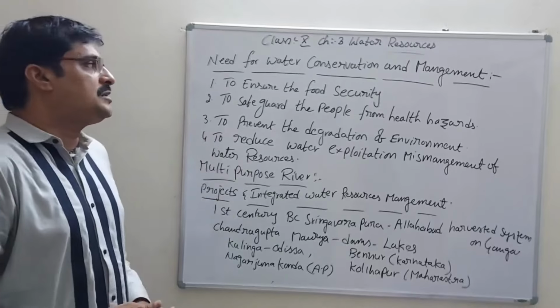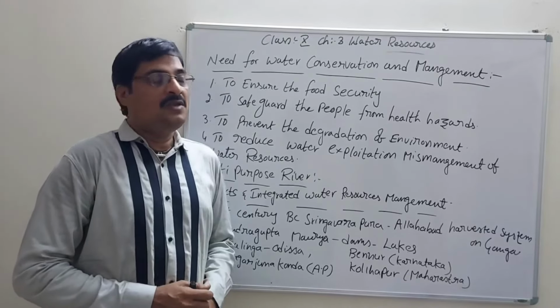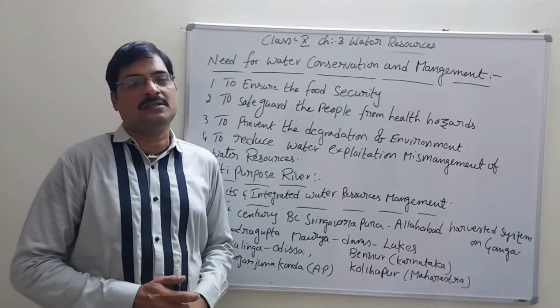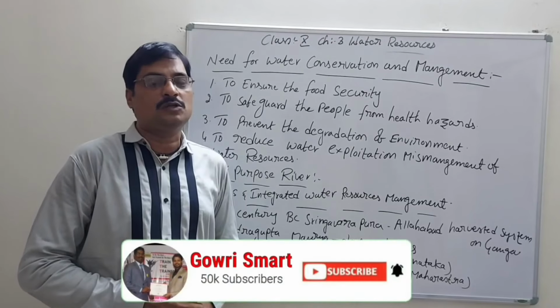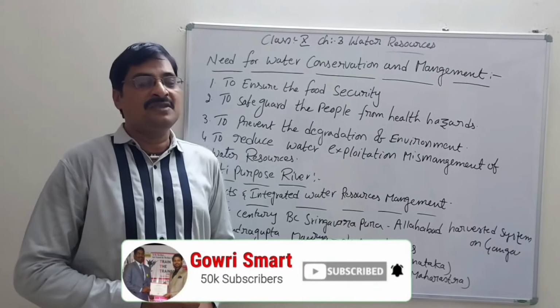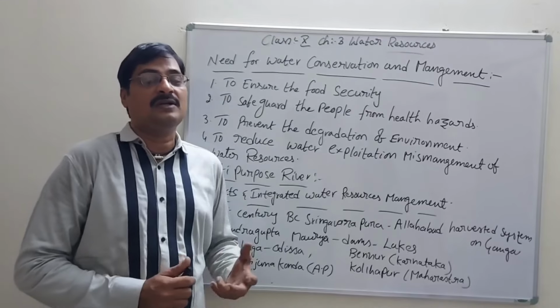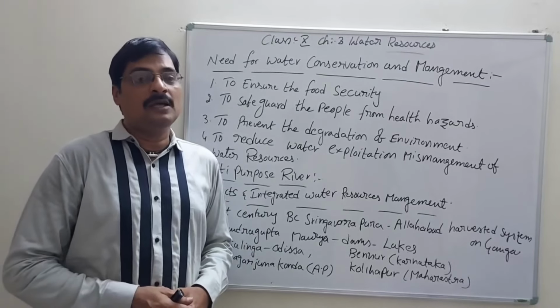Next one, to safeguard people from health hazards. Yes, we have plenty of water. Doctors have suggested that every day 2 liters or 1.5 liters of water is needed for a person. Water purifies whatever is in our body through sweat.